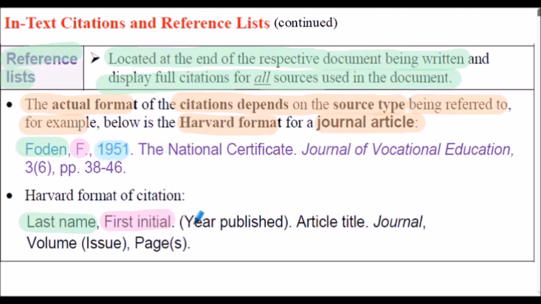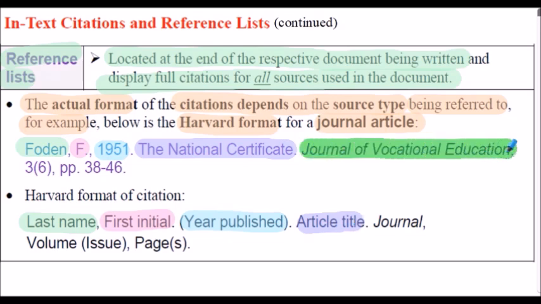1951 is the year the article was published. National Certificate was the title of the article. The Journal of Vocational Education was the journal title. The number 3 shown here is actually the volume associated with this particular journal for this particular year, and the 6 in the bracket is actually the issue number of the volume of that particular year.